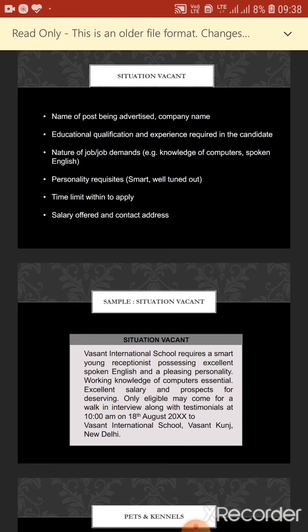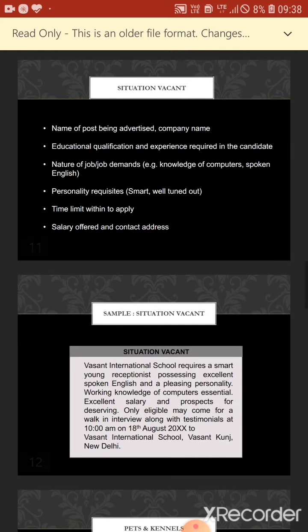If any post is lying vacant, then we invite applications to fill the post, and we look for a suitable candidate for that post. Certain things should be kept in mind while writing a classified advertisement under the column situation vacant. The heading should be written in bold letters, as mentioned at the top of the box.